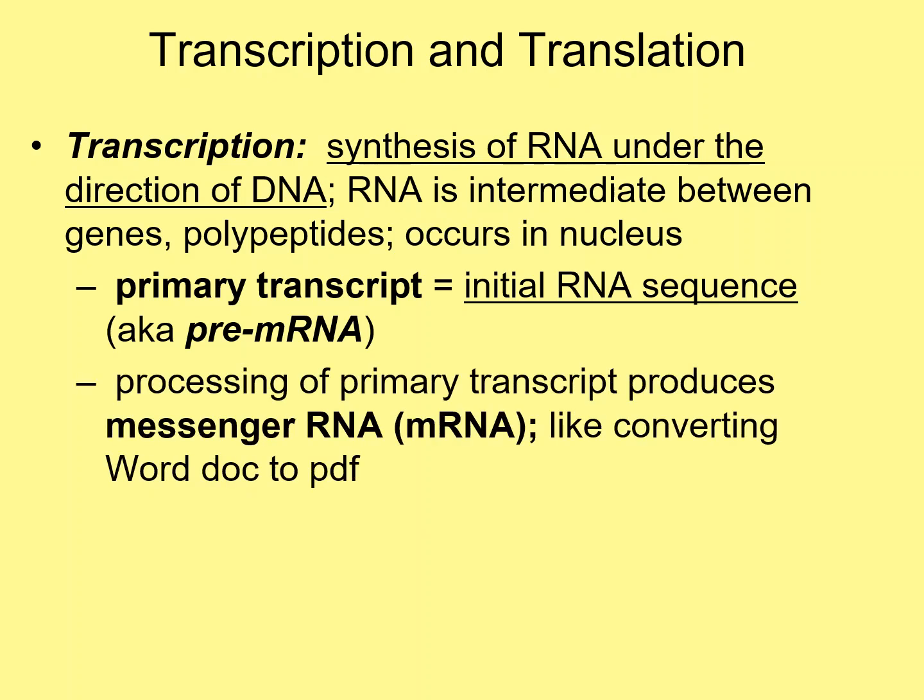In bacteria, they take that pre-mRNA and they translate the entire thing into protein. They don't modify their primary transcript at all. What you see is what you get, right? So what the instructions say, that's what you build. In eukaryotes, we actually process our primary transcript.